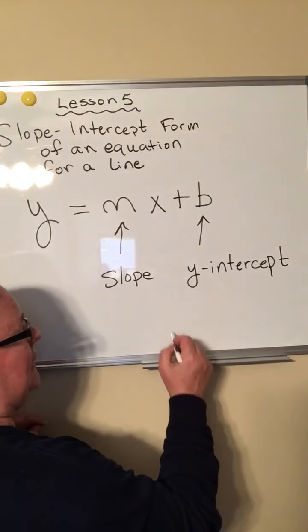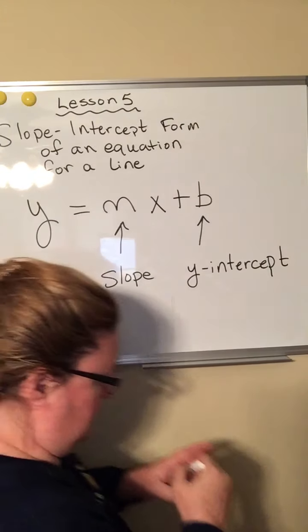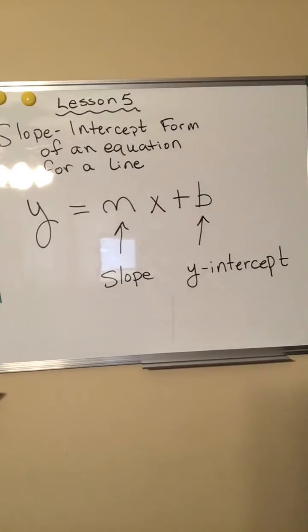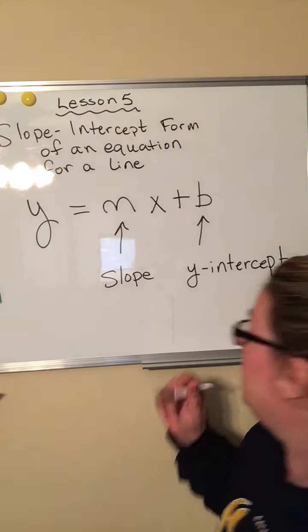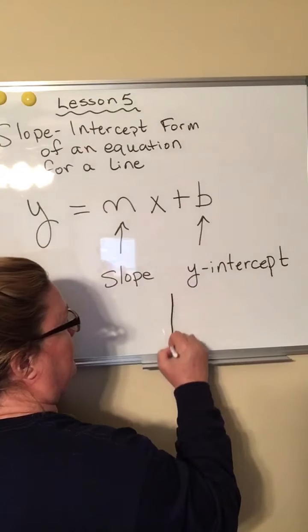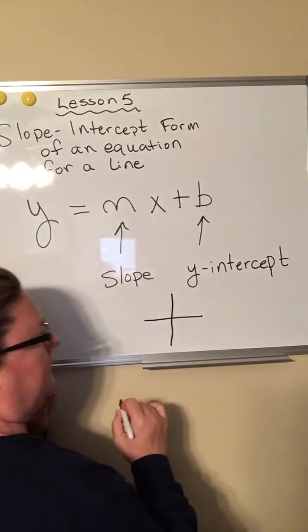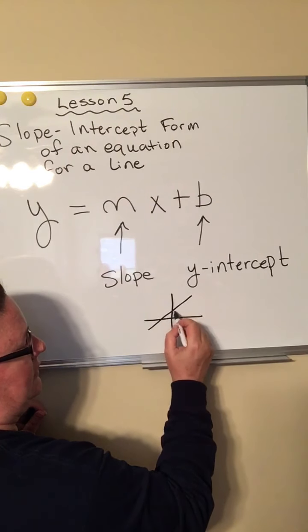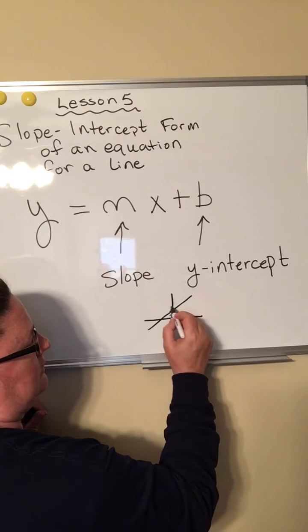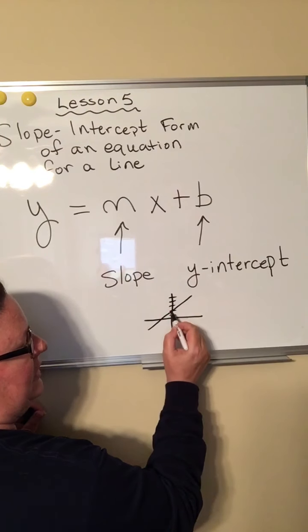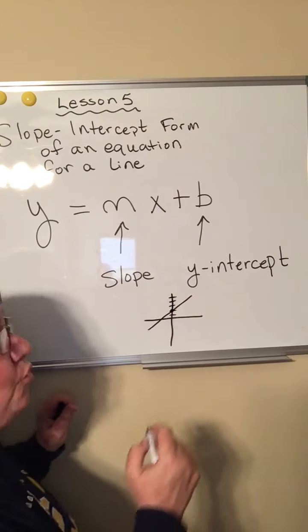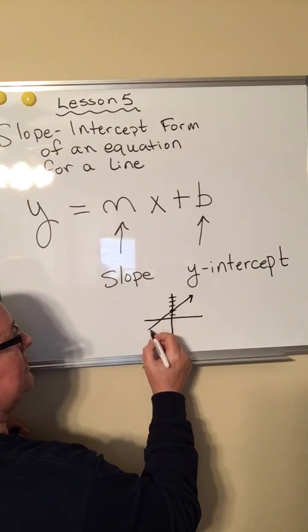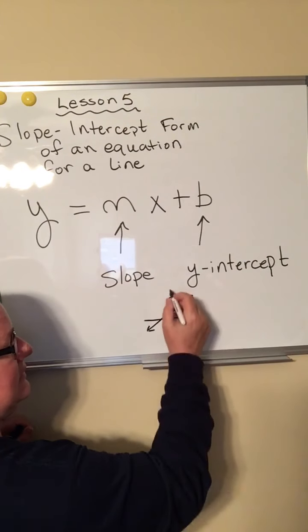If this is my graph and my line goes like this, let's say we got 1, 2, 3, 4, 5. Right here is where the line crosses the y-axis.